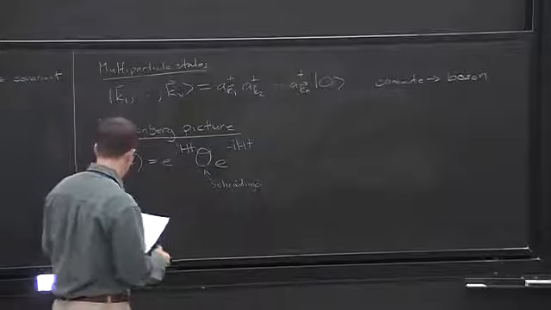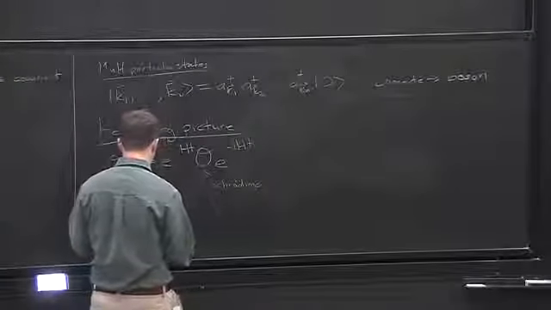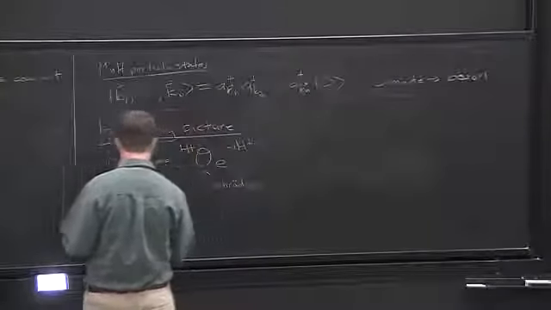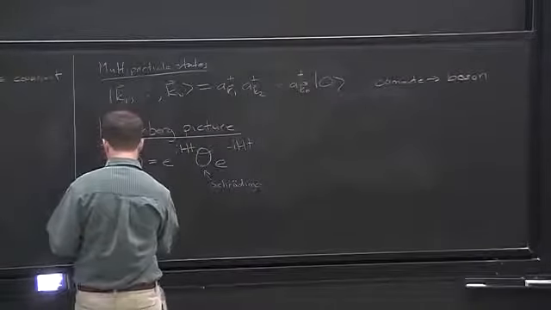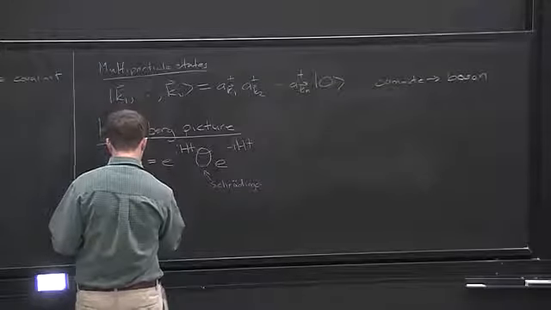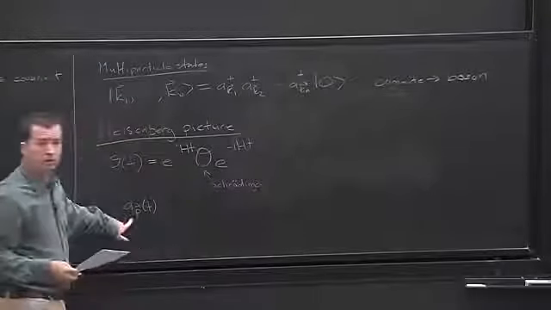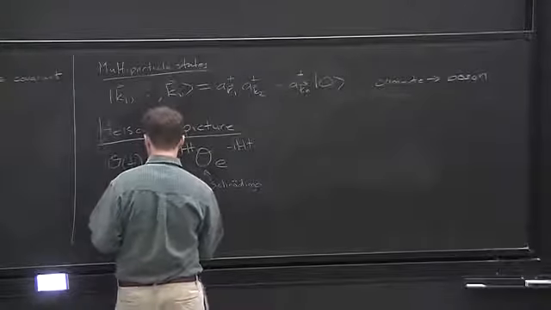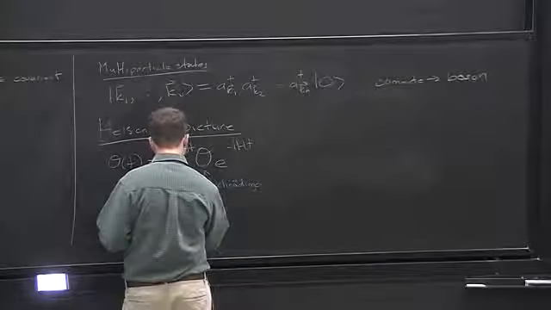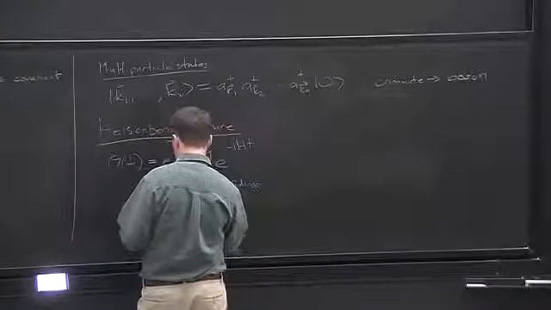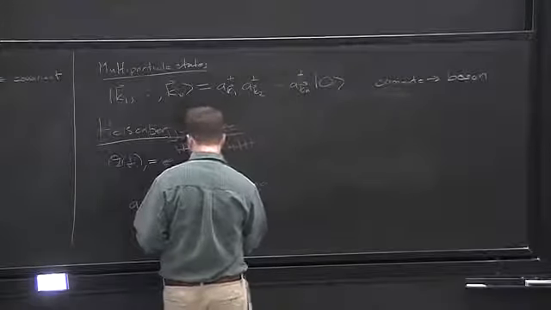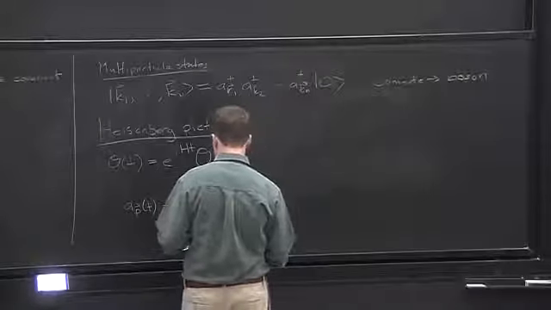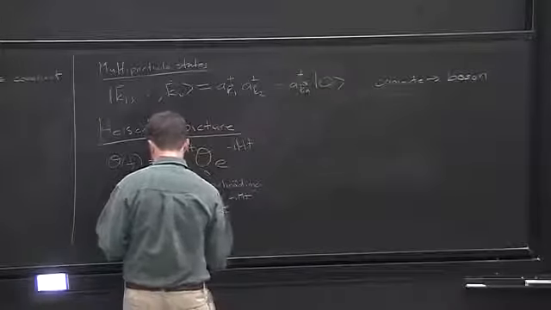So we can show that the ladder operators, we write them in the Heisenberg picture, just e to the iHt times the annihilation operator, e to the minus iHt. Well, we can expand that out.